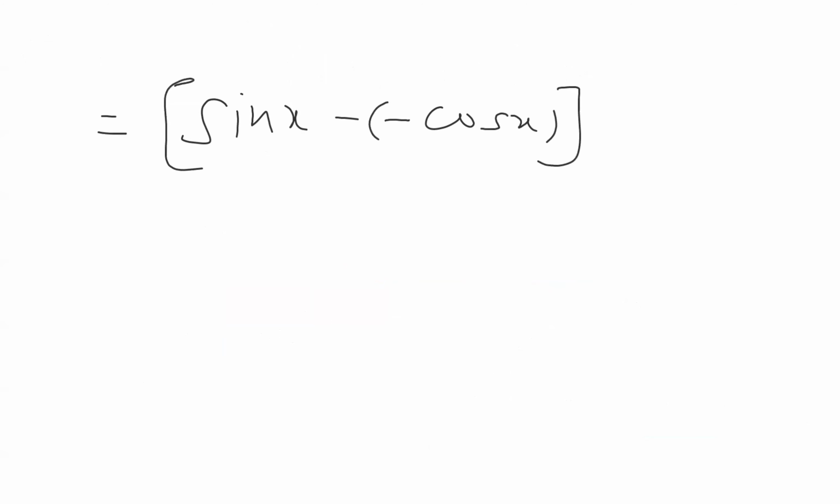Cos x is sin x and sin x is minus cos x. Write down the upper limit and lower limit. The lower limit is 0. Upper limit is pi by 4. So this is sin x plus cos x, from 0 to pi by 4.